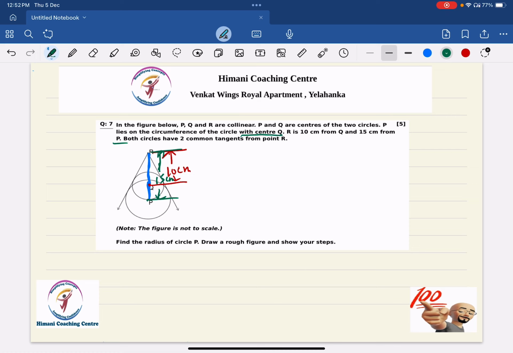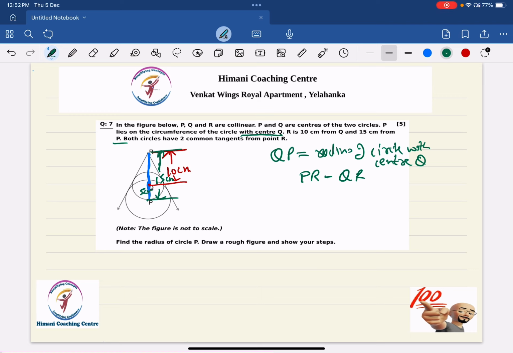Yes, because QP is the radius of the circle with center Q. So what would be QP? It would be PR minus QR, which is 15 minus 10, and we get the radius equal to 5 centimeters.